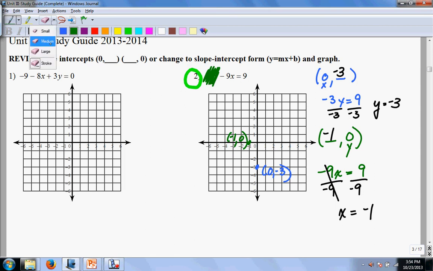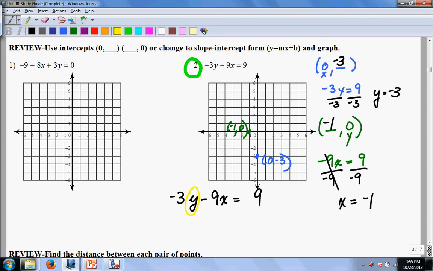To change this to y equals mx plus b, if that's what you prefer, let me come over here. We have negative 3y minus 9x equals 9. Start by circling y. Your goal is to get y all by itself. So let's get rid of this term. So we're going to go positive 9x plus 9x.